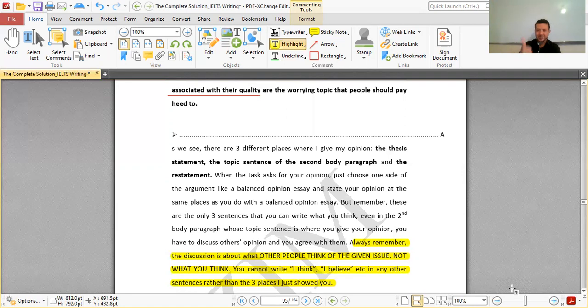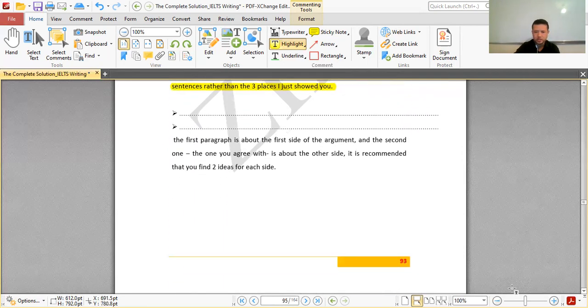You can write I think, I believe in the thesis statement, paragraph 2, and the conclusion, but in other places you cannot write these personal pronouns, because the discussion essay is about what other people think about the issue, not what you think. Pay attention to this, guys.